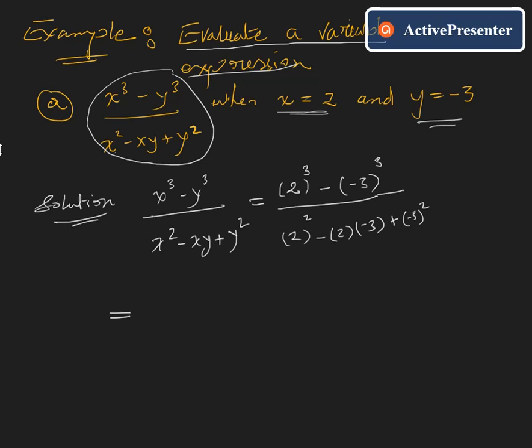Then we use the order of operations agreement: exponentials are first. So 2 cubed is 8 minus minus 3 cubed which is minus 27, over 4, minus 2 times minus 3, which is plus 6. We will leave it because we would like to follow the agreement, and start with exponential expressions first.